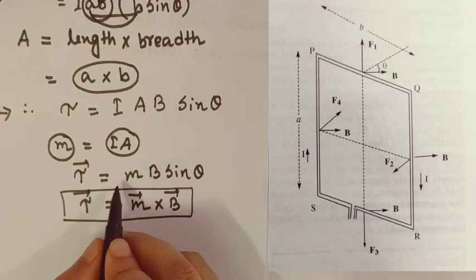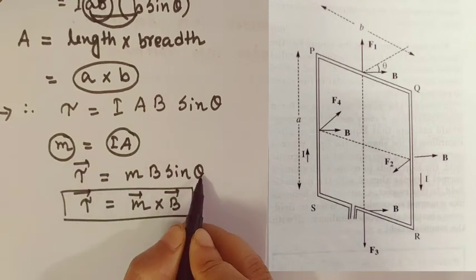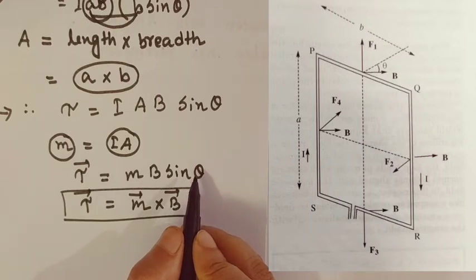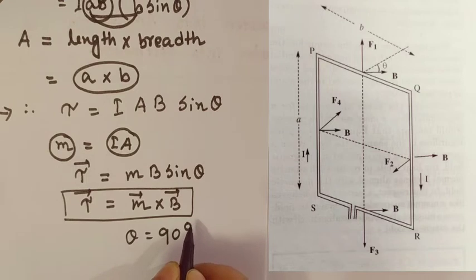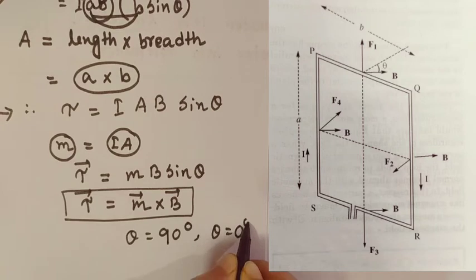And the torque is 0 when the field is perpendicular to the plane of the loop, that means theta is equal to 0 degrees.